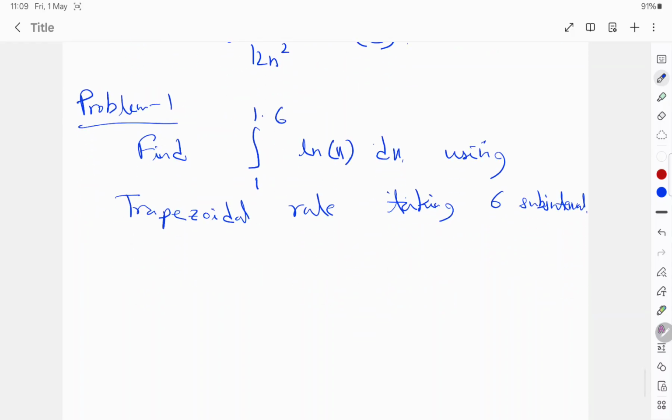So your a value is 1, b value is 1.6. What is your h value? b minus a by 6, so basically 0.1.